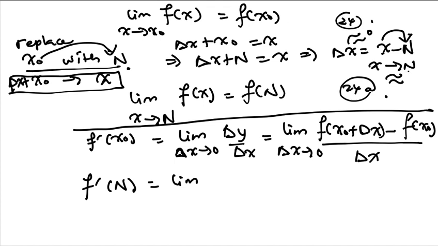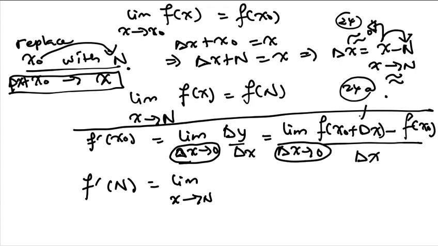As x approaches n, the difference becomes smaller and smaller and approximates to 0. Okay? So this bit is replaced by this: x approaches n.